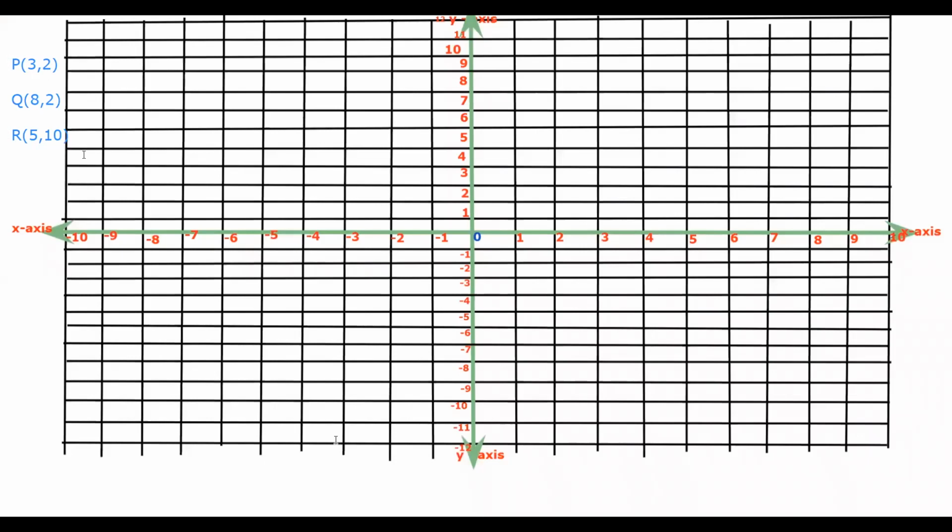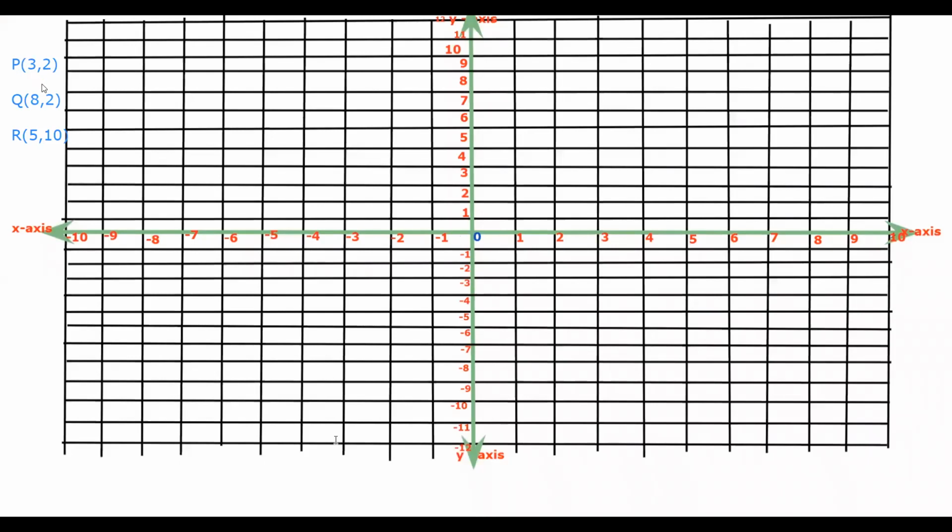Okay, good. Now, point P. We said point P is formed by 3 and 2.